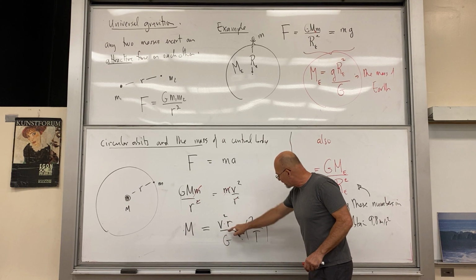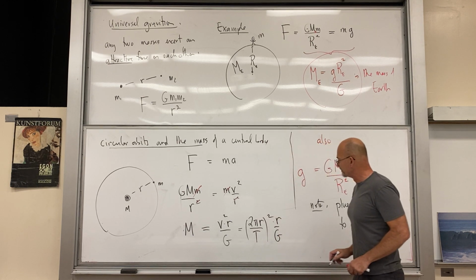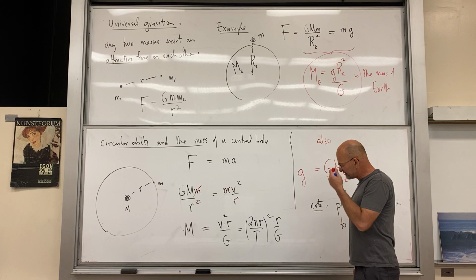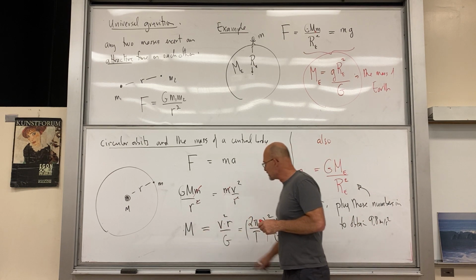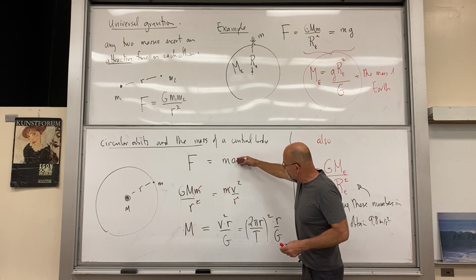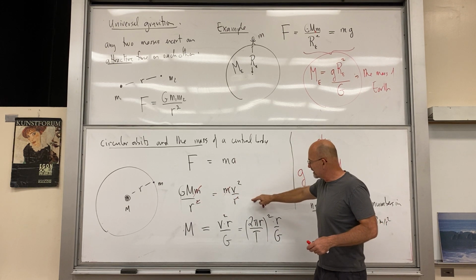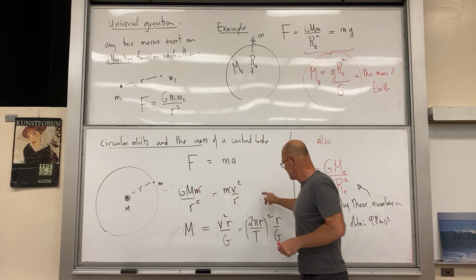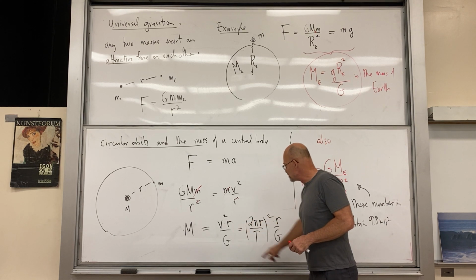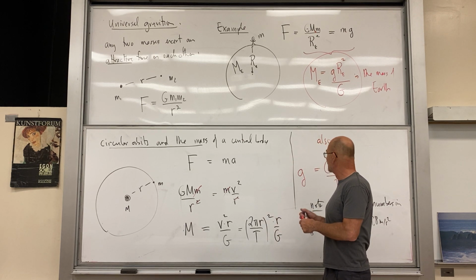That's my v squared times r over G. Okay. So the mass of the central body, right? I'm just drawing my conclusions here. So Newton's law, mass times centripetal acceleration. Solve for the mass, lowercase m cancels first, one power of r, v squared r divided by G. And then the v is 2 pi radius over period squared.